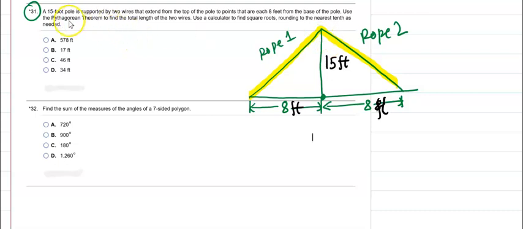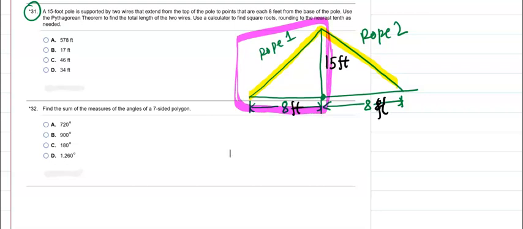The question tells you to find the total length of the two wires. So you have to find the total length of rope 1 and rope 2. Basically, to find the total length of these two ropes, you have to find the length of one rope. Let's use this triangle, a right triangle. Look at this right triangle.